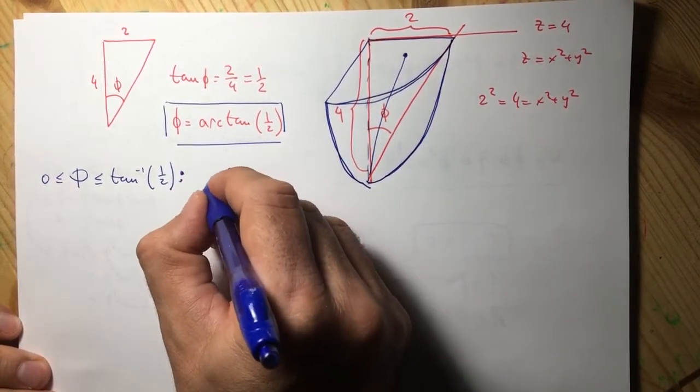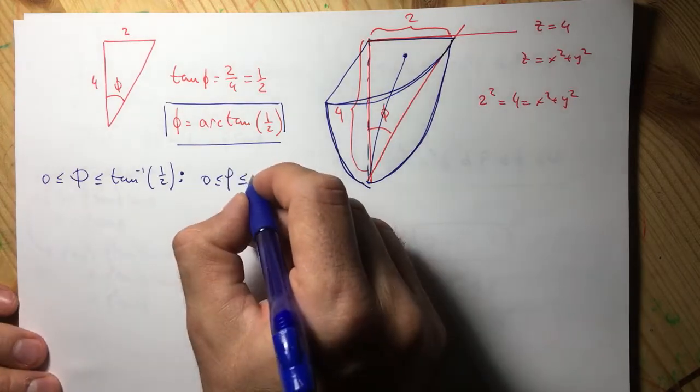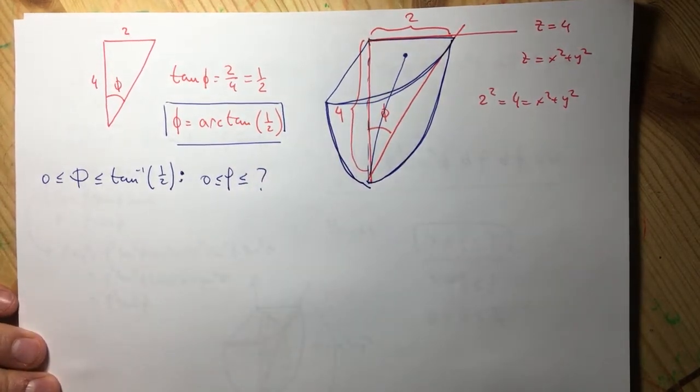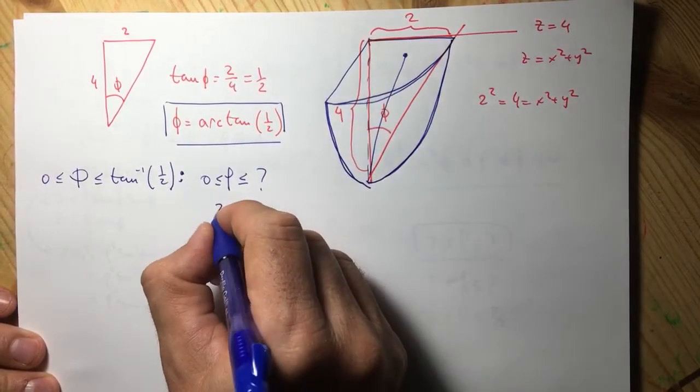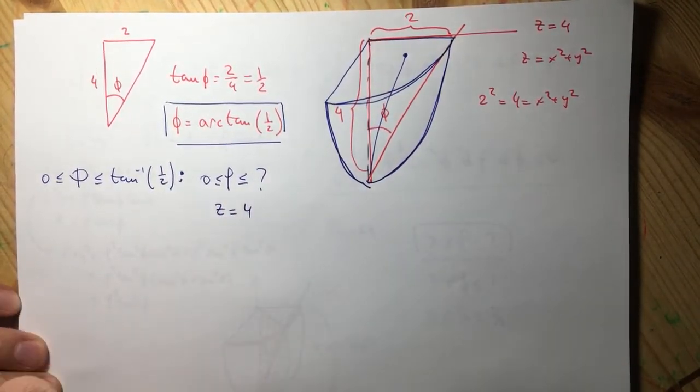Rho is between 0 and something here. So what was that upper ceiling? That upper ceiling is z is equal to 4. Well, what is z in spherical coordinates?